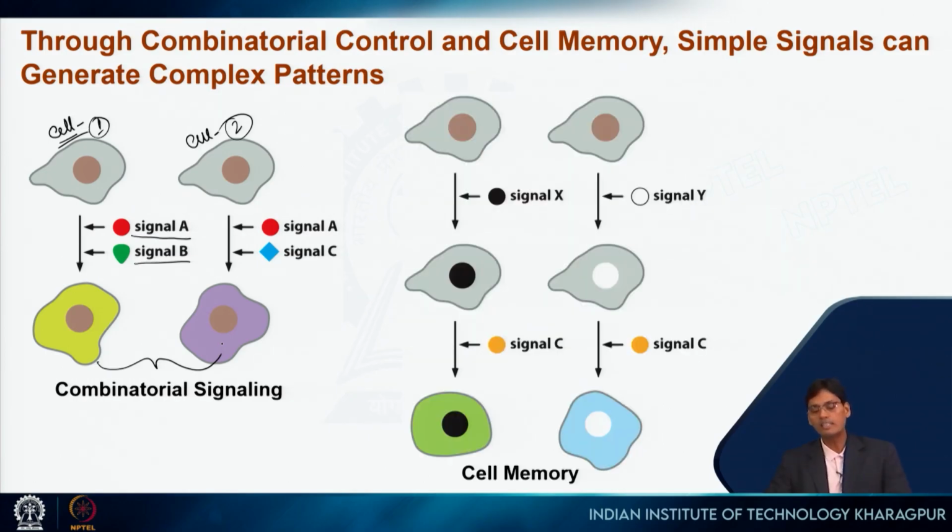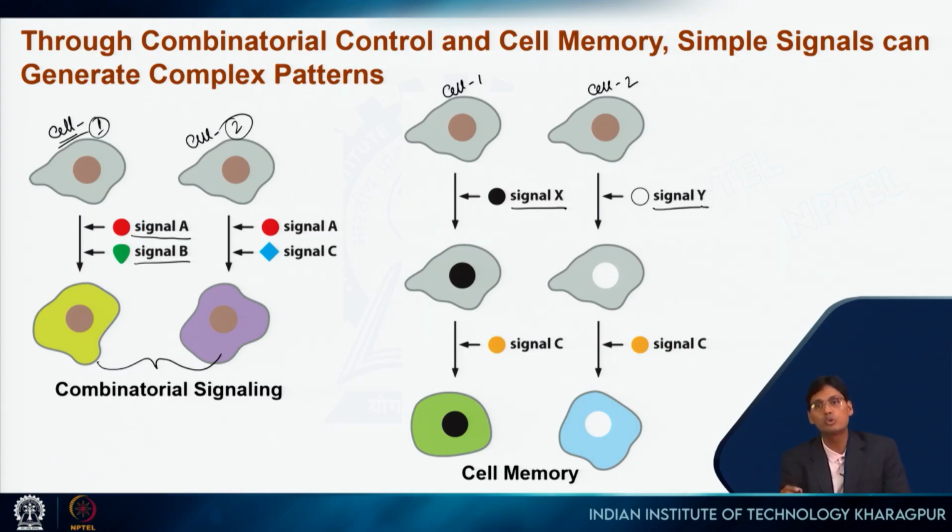On the other hand, this is even more complex, control at the level of cell memory. Again, this is cell 1 and this is cell 2, and we are providing two different types of influence, signal X and signal Y. As a result, those two signals alter those two cells.